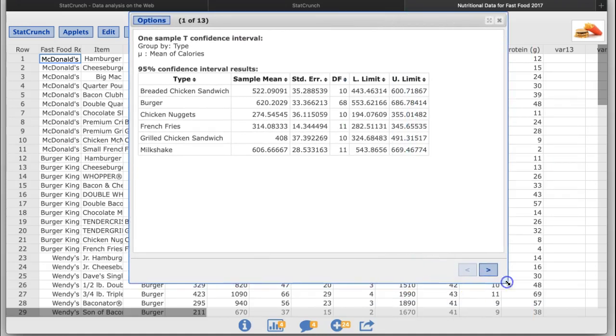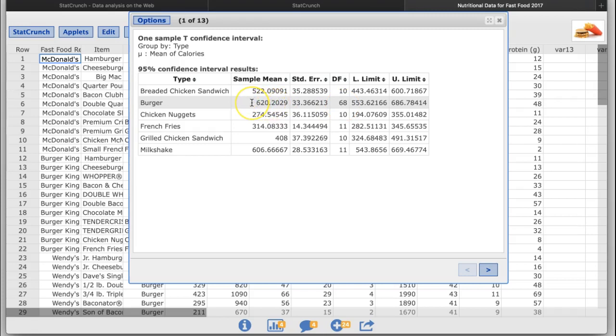What this gives us is type: breaded chicken sandwich, burger, chicken nuggets, french fries, grilled chicken sandwich, milkshake. If you look at all the other types, the degrees of freedom are 10, 10, 11, 10, 11, so they all have pretty small sample sizes. And for burger, there are a lot more burgers than all the other ones. For burger, we have a sample mean of 620.